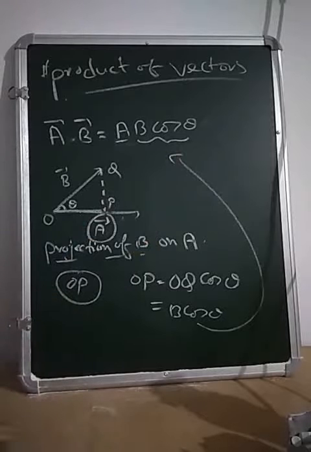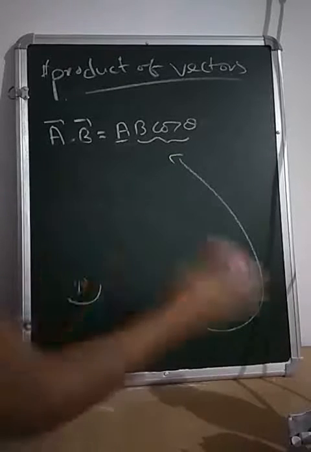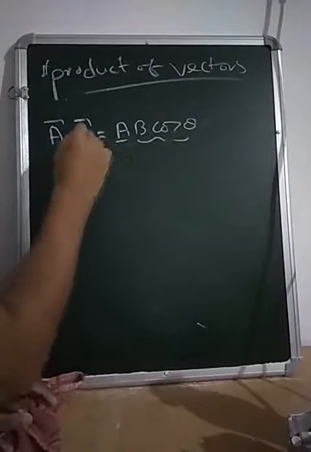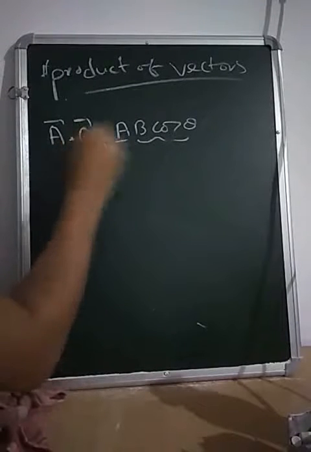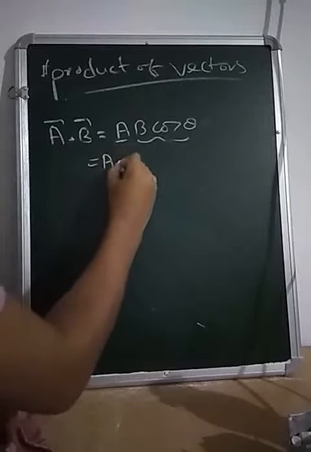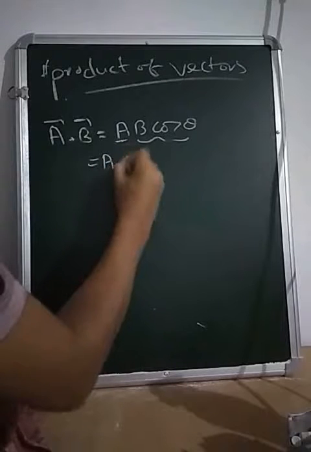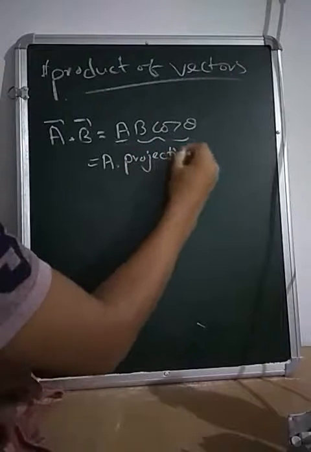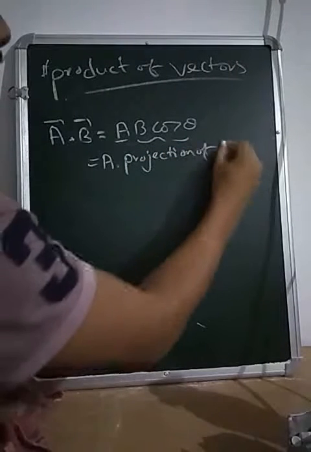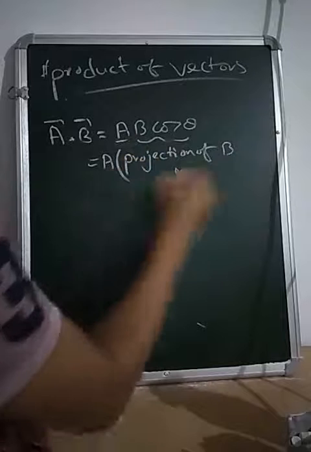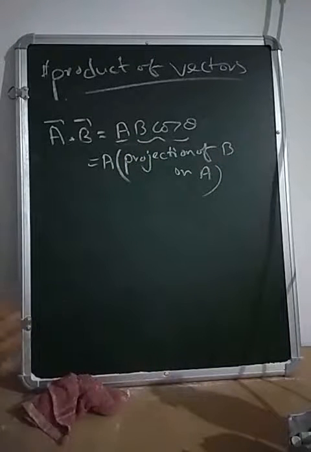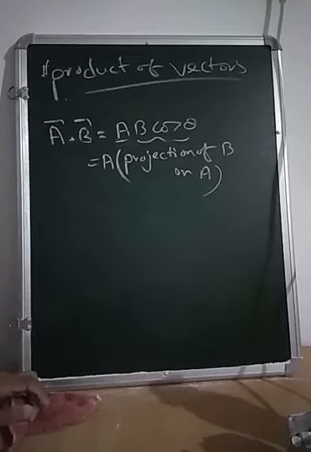The dot product A dot B is AB cos theta, meaning A into the projection of B on A. So this is the dot product.